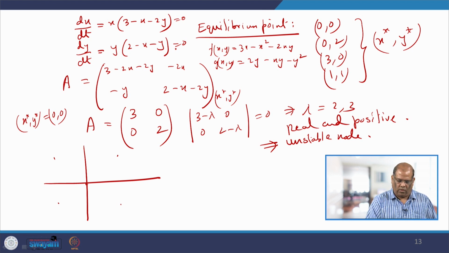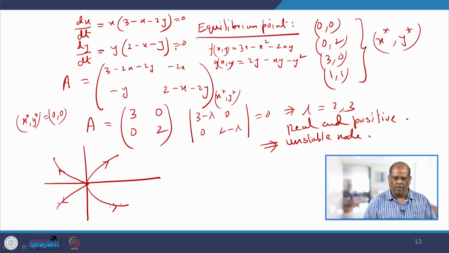This is your origin. You just bring the curve here, and it is unstable, so it is moving out. So, that is the important part. You have to remember the arrows. So, this is your unstable node.